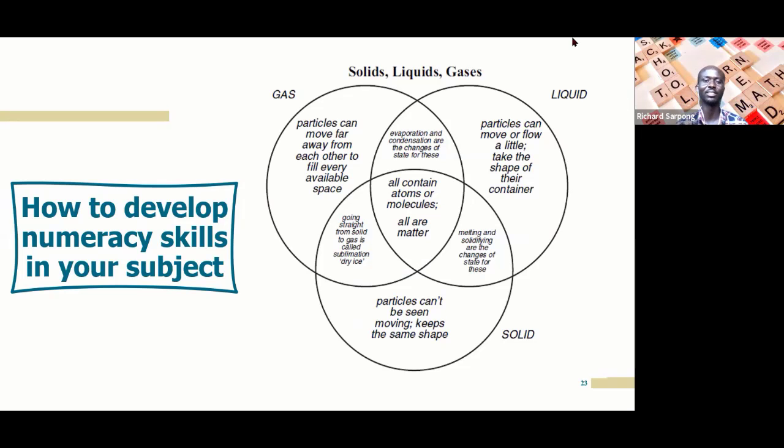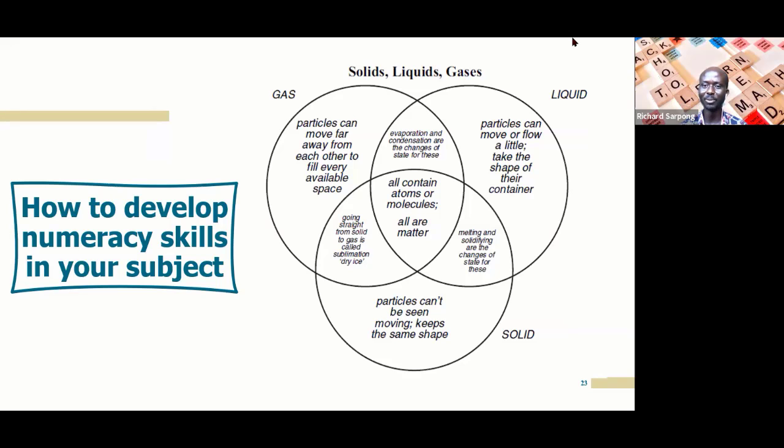That is how a science teacher can use them to show the relationship that exists between gas, solid, liquid, and gas, or the relationship that should exist between liquid and solids, or gas and solid, and how solid or gas differ from each other. Right? So instead of saying so many words, using this diagram will help students to really appreciate how they are similar and how they vary, right?